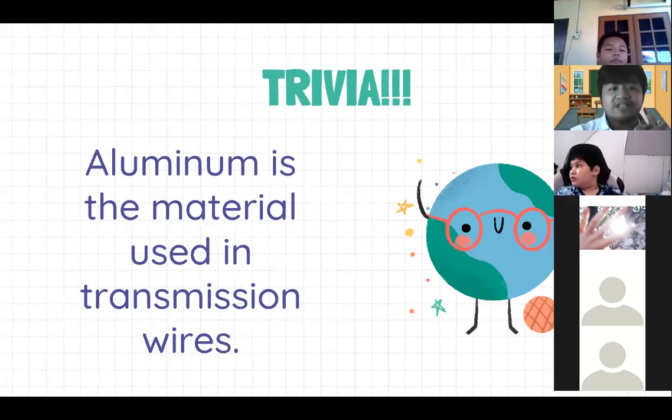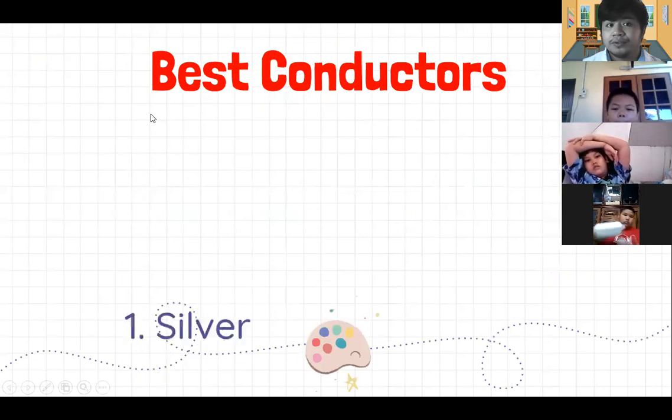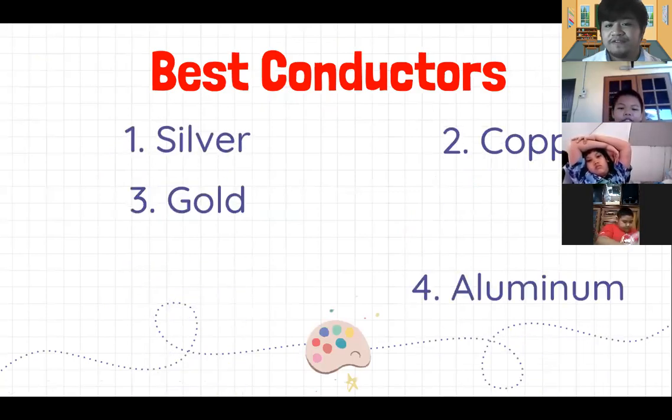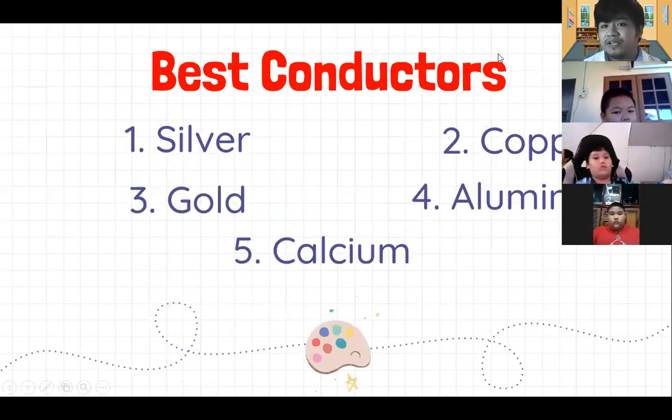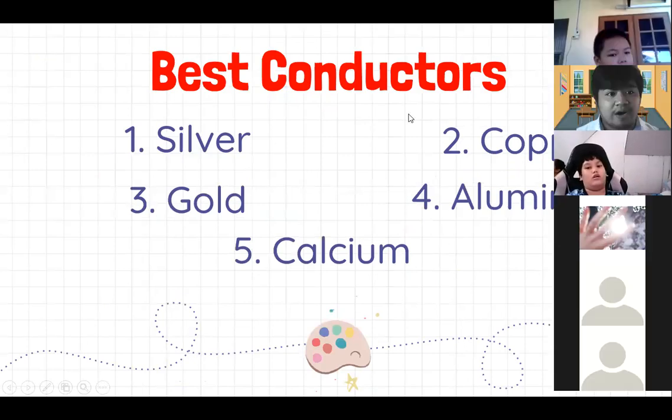Okay. Why do you think so? If aluminum is not the best conductor, why do you think it is used? We've said aluminum is only the fourth best conductor. Why do you think they are used in transmission lines? Any guess?